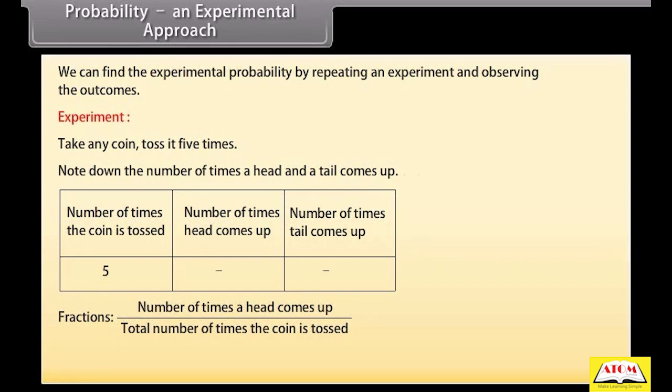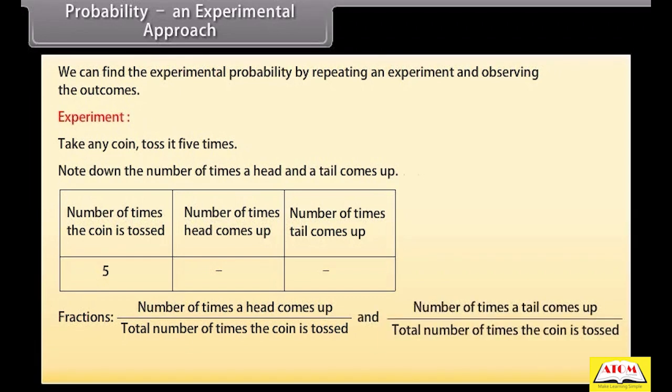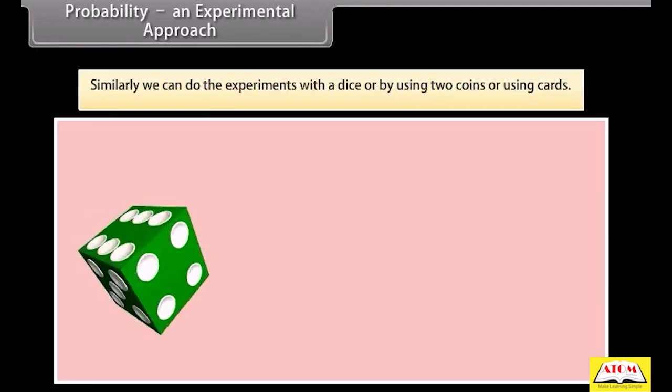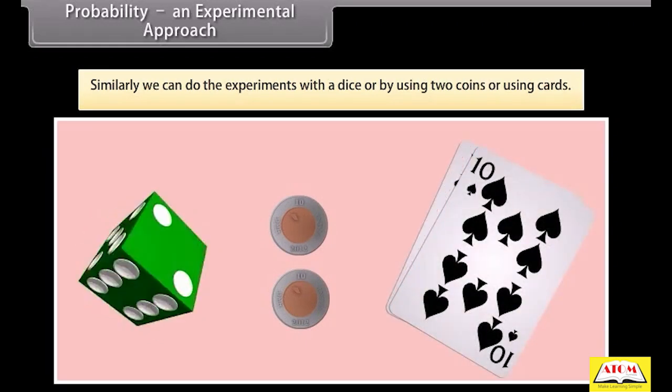First one is number of times a head comes up upon total number of times the coin is tossed, and the second one is number of times a tail comes up upon total number of times the coin is tossed. As we increase the number of tosses, we will find that the values of the fractions come closer to 0.5. Similarly, we can do the experiments with a dice or by using 2 coins or using cards.